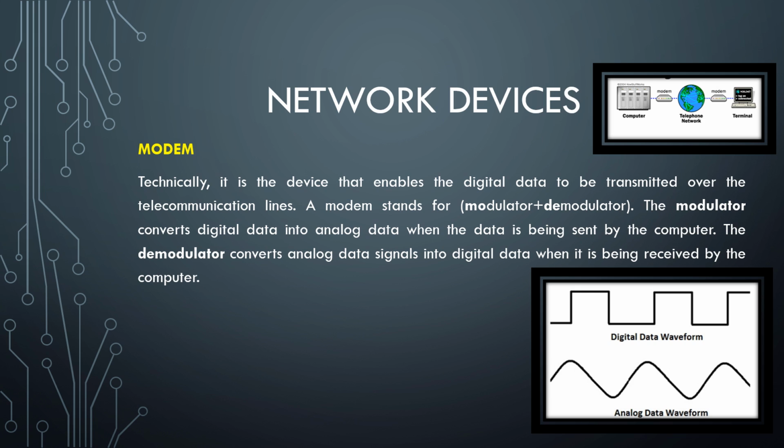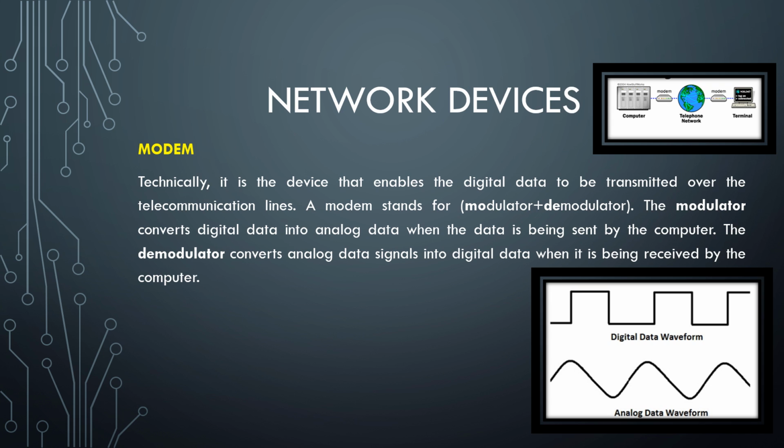With the diagram you can understand here, we have a computer system. The computer will send the digital signal to this modem. Then this modem will convert this digital signal into analog signal and it will travel along the network. At the destination side, again a modem is connected.